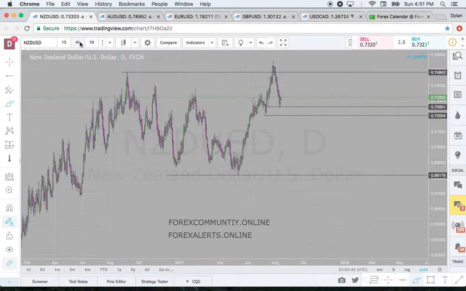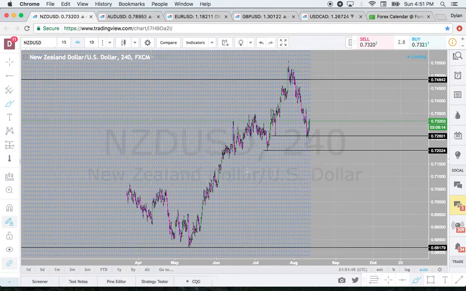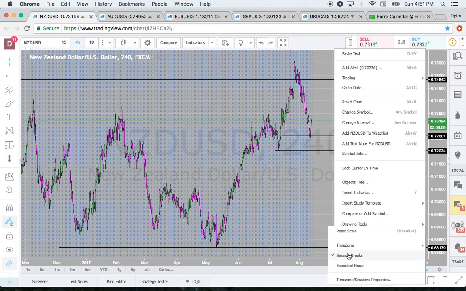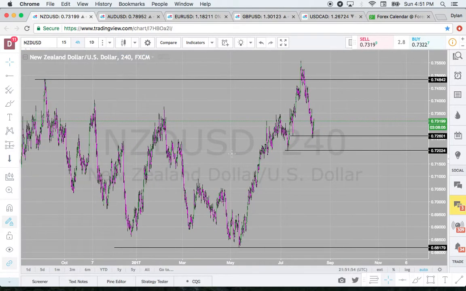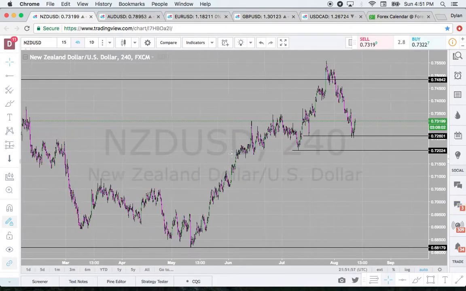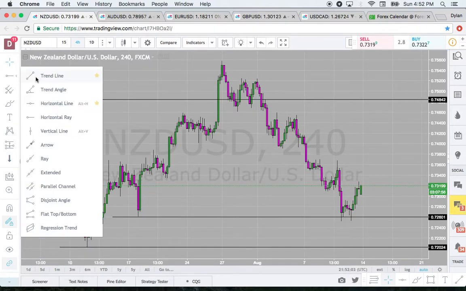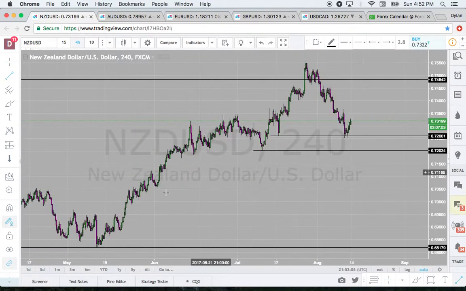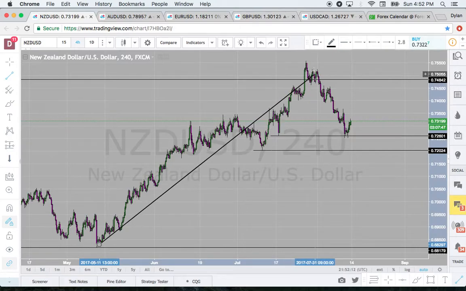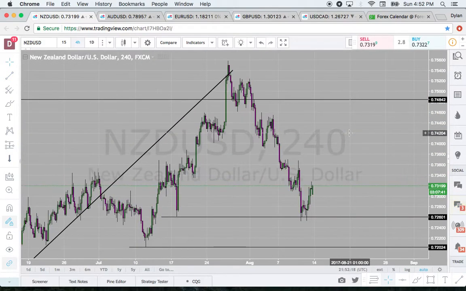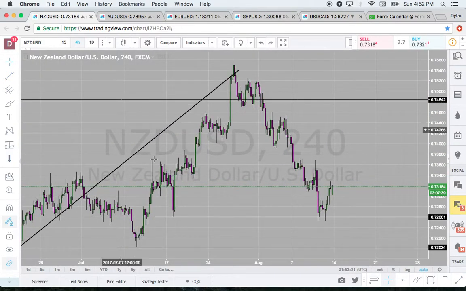So let's go down to a smaller time frame, the 4-hour. Now on the 4-hour chart, we can see price came to the bottom of the range, and then came up to the top of the range, and now is coming back down. But it is struggling at this previous structure low here.